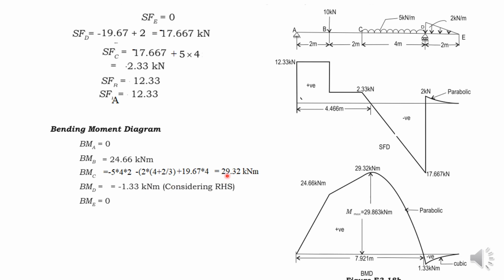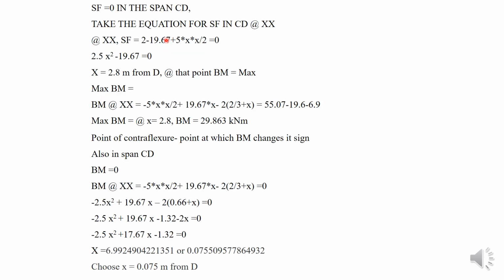Then locate the point of zero shear force. For that, make an equation and equate it to 0. So h is equal to 2.8 meter from D. At that point we will have the maximum bending moment.